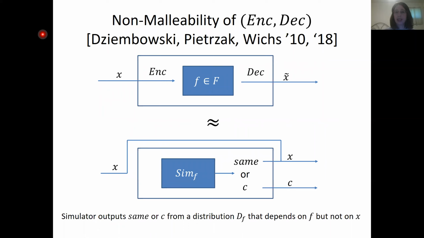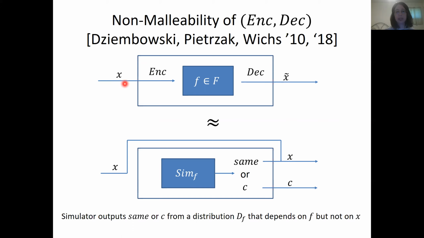So now let's look at the definition of non-malleability. What does it mean for Enc-Dec to be non-malleable? We're going to consider two experiments, a real experiment and a simulated experiment. In the real experiment, we just do the natural thing.